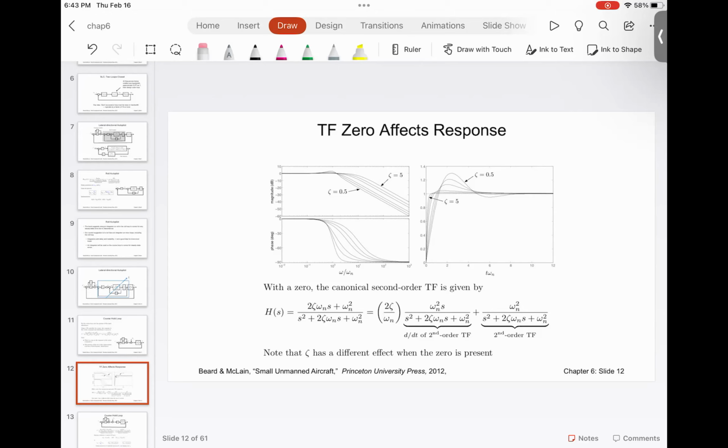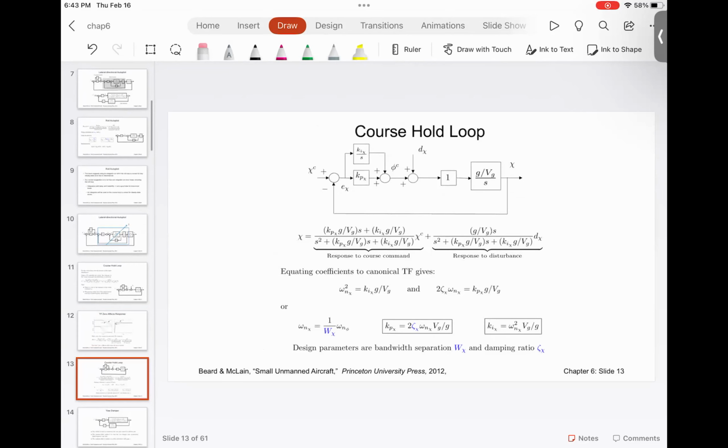And on the right hand side, you have the time domain response. Remember, frequency domain response, Bode plot, time domain response. So you can use these tools to tune the gains.